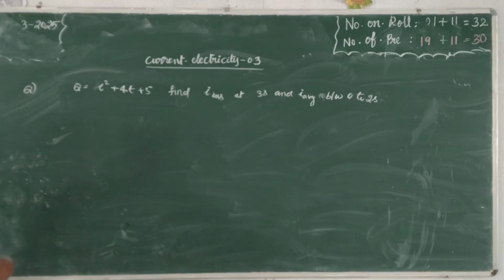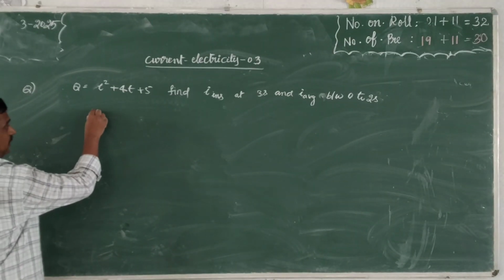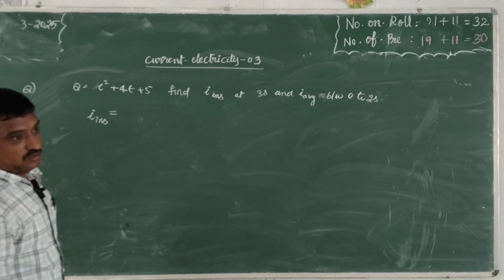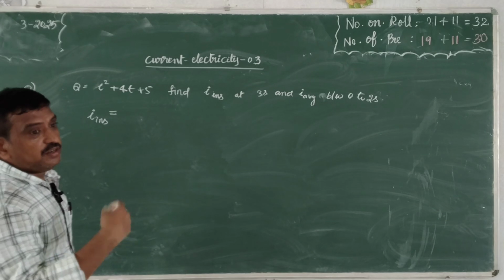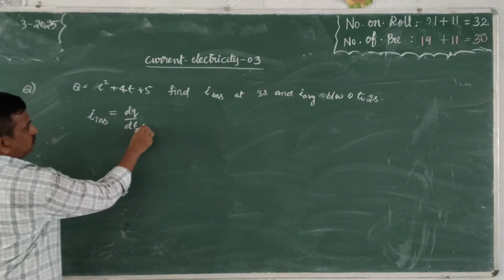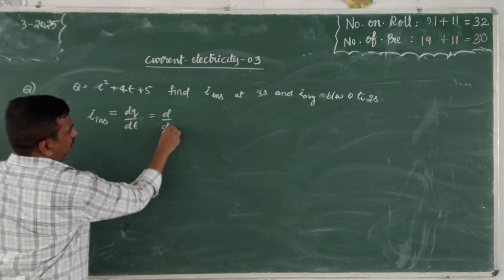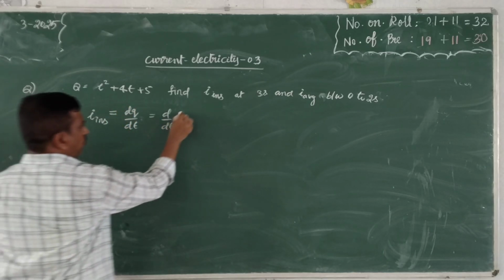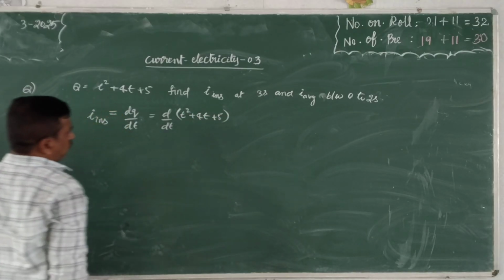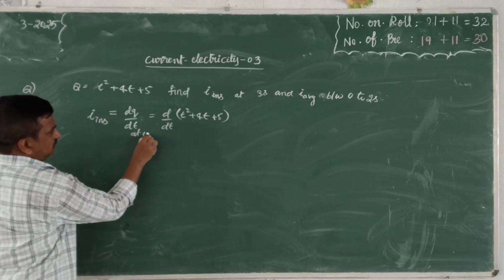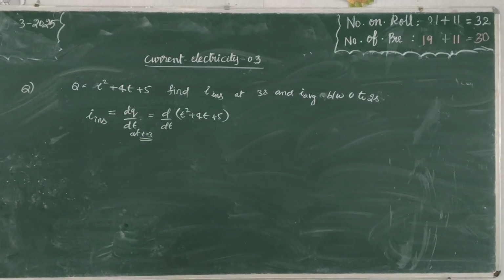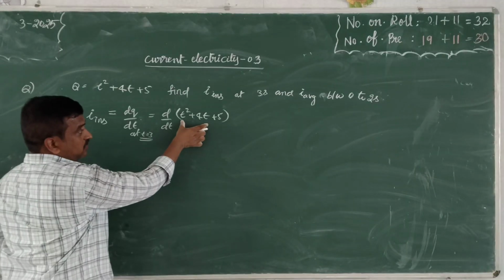First we can find I instantaneous. I instantaneous means dq charge passes through the cross section in dt time, so we can write dq by dt. So here d by dt of q is d by dt of t square plus 4t plus 5, at t equal to 3 seconds.